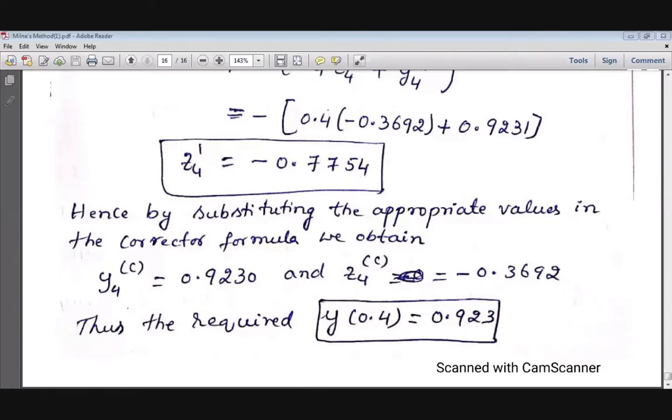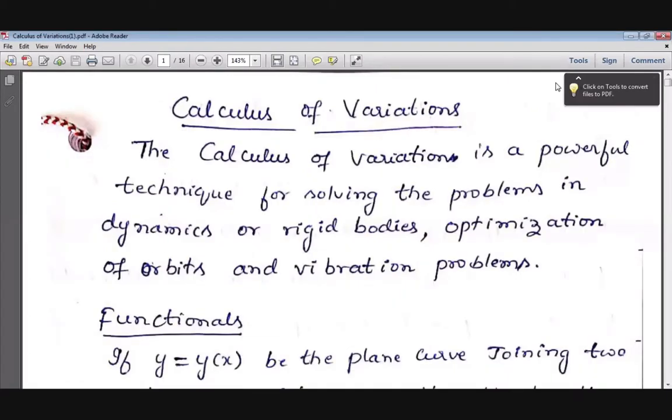Wait, I will open that notes. Calculus of variation.